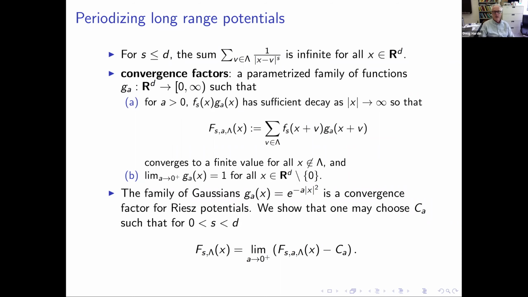And when you go below that, all hell breaks loose. So I like this convergence factor machinery, and it seems like a principled way of studying these long-range periodic problems. But that's a time for another talk to do more details.